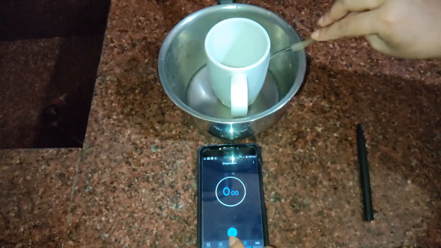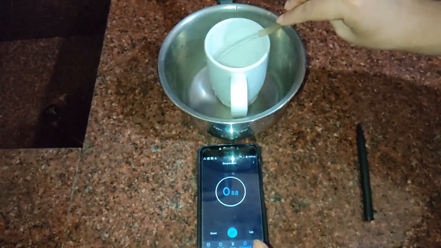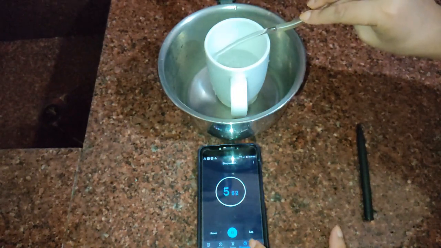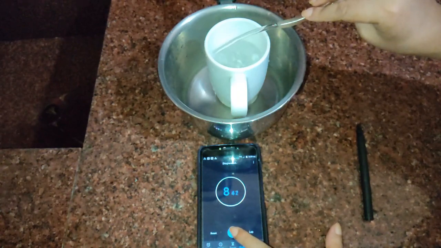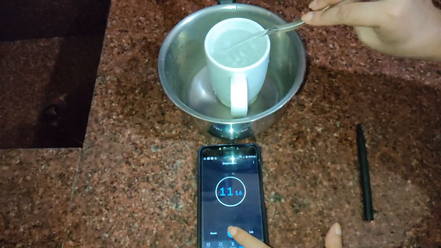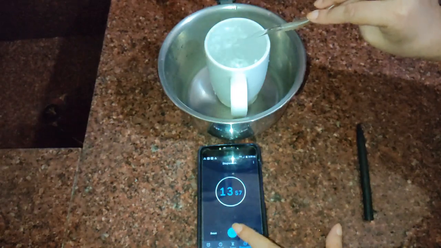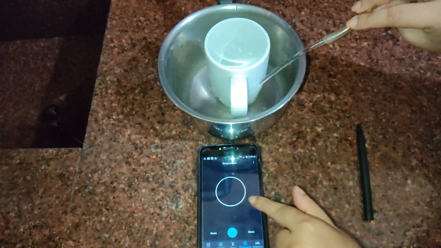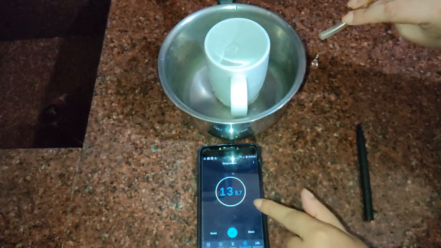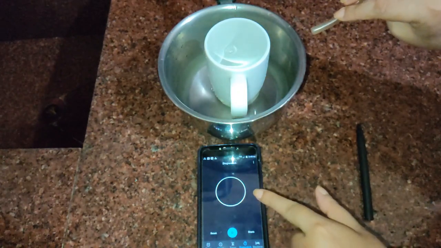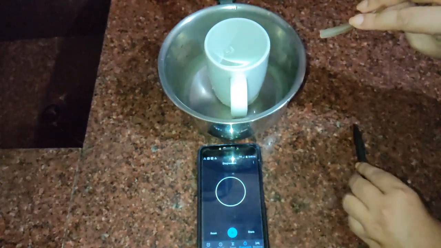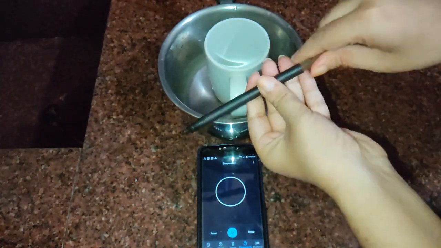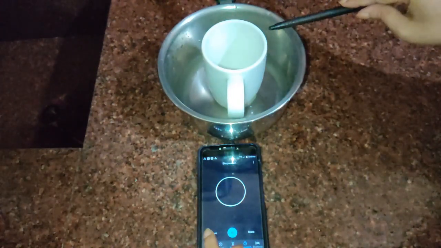Now you see, I am switching it on. Just check, all of you. When the water level is entirely filled, I will stop it. So what is the time interval? It's coming almost 13.57. So the time interval is almost 13.57. Just remember it, and I am going to do it again through the narrower cross section. Let's just reset.